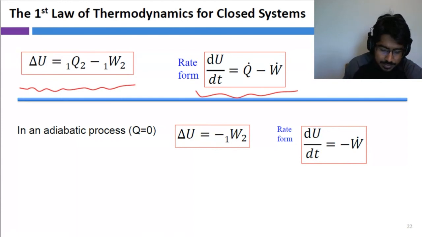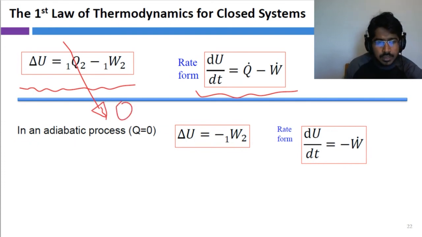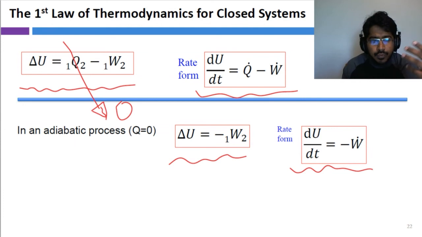In an adiabatic process, there's no heat transfer, right? So in an adiabatic process, the heat should not cross the boundary. That's the meaning of an adiabatic process. Therefore, we can write the first law of thermodynamics, the rate form and the energy balance form, both without the heat component in an adiabatic process. Are we clear on that one? Perfect.